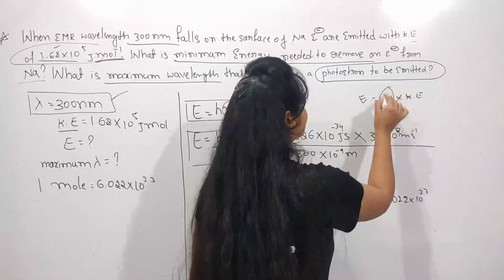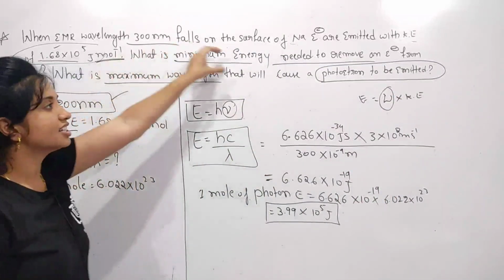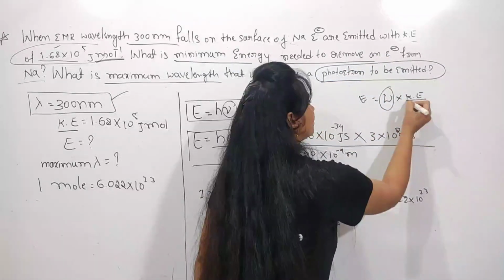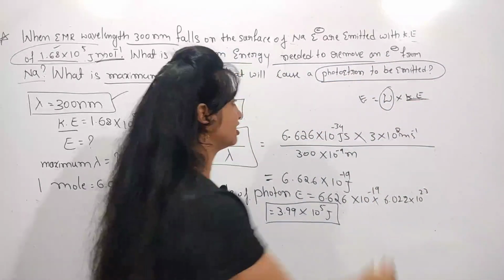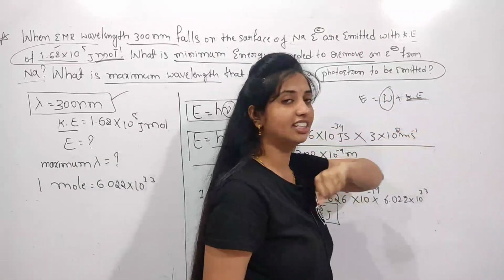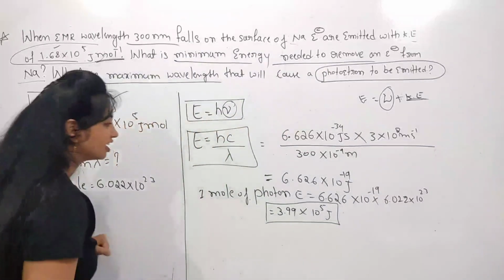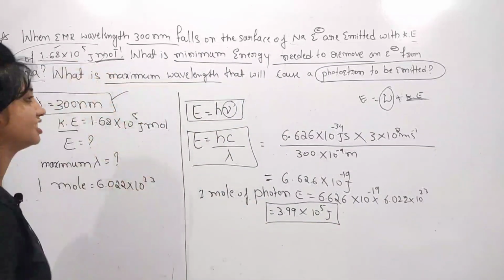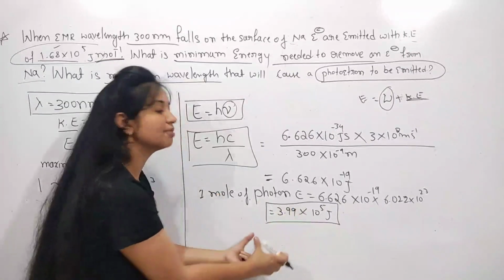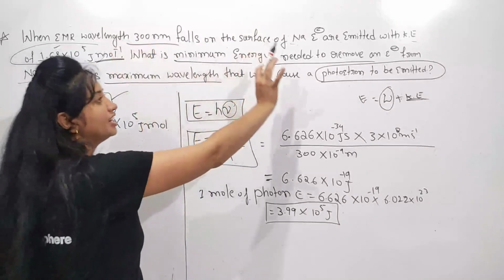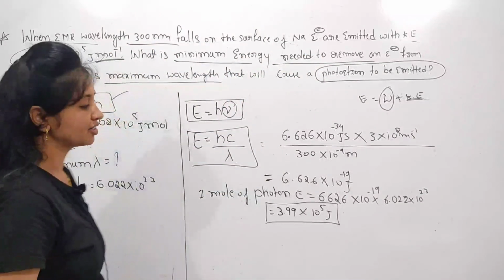Here we need the minimum energy to remove an electron, and they give us the kinetic energy. So we have to take the total energy minus the kinetic energy. Then we get the minimum energy needed to remove an electron.